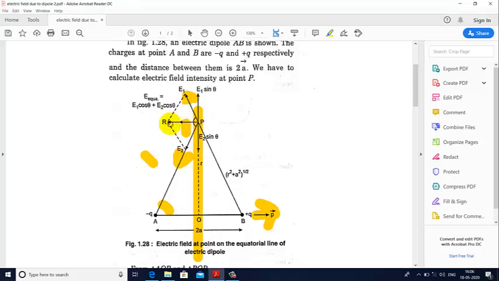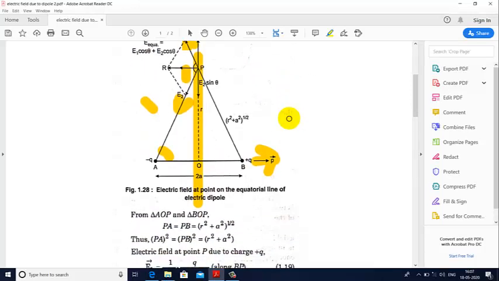Next, in this direction there will be horizontal components. The component E1 cos theta is due to E1, and the other component E2 cos theta is due to vector E2. In this direction both the components point the same way, so the total value of E will be equal to E1 cos theta plus E2 cos theta, which is the sum of both the components.